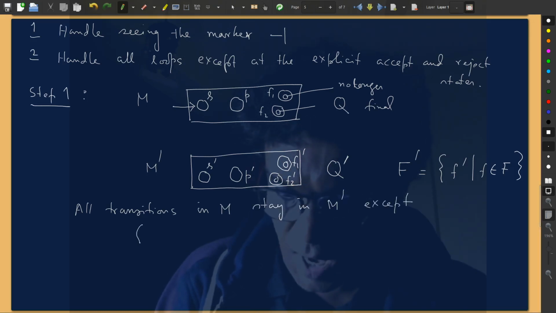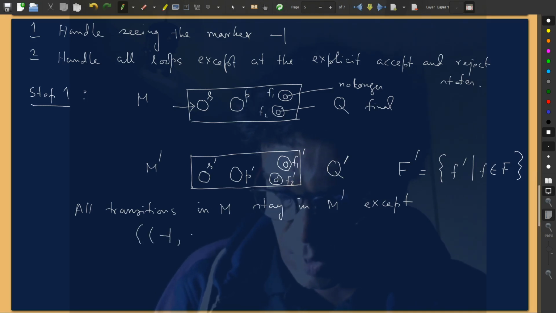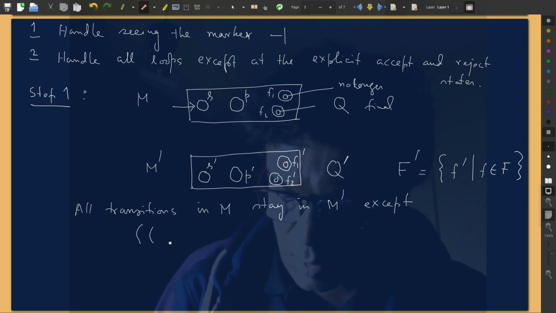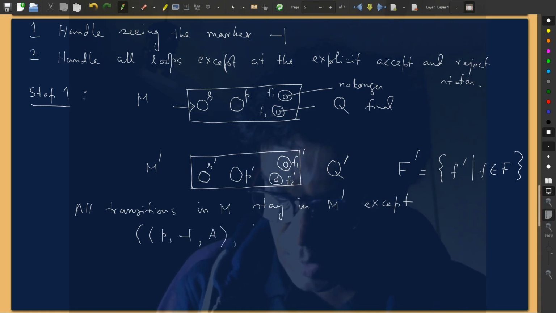If we have a transition of the form: you are in some state P, read end of input, and something from the top of the stack, A. Then you go to state Q, replacing A by beta.